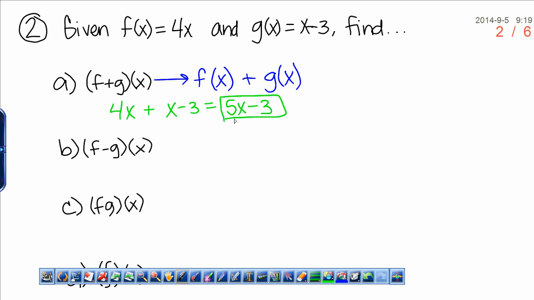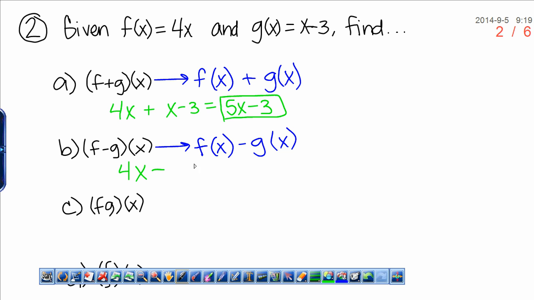Okay, so if I tell you that f plus g of x means f of x plus g of x, what do you think f minus g of x means? Okay, so f of x is 4x.